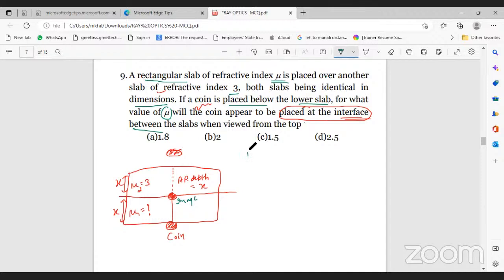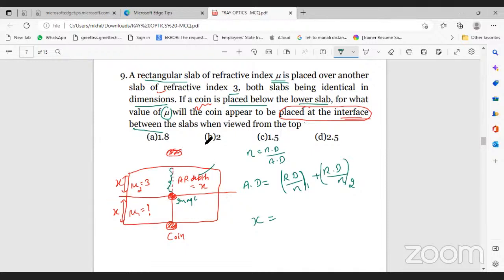You know that refractive index is real depth by apparent depth. So what is the total apparent depth here? Real depth by refractive index for the first slab plus real depth by refractive index of the second slab. The total apparent depth is only x.